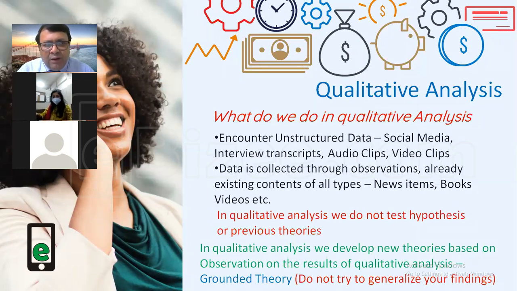Some of the data is in interview form, some in audio clips, video clips, and some may be in the form of news cuttings. So these are different types of unstructured data which require data mining, right? This is normally the situation in a qualitative analysis.